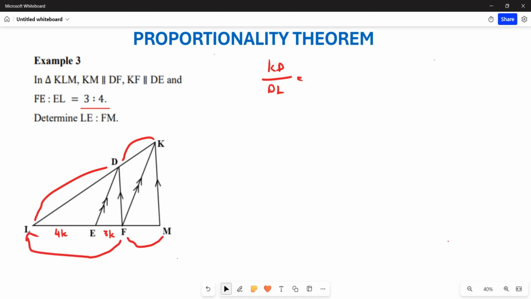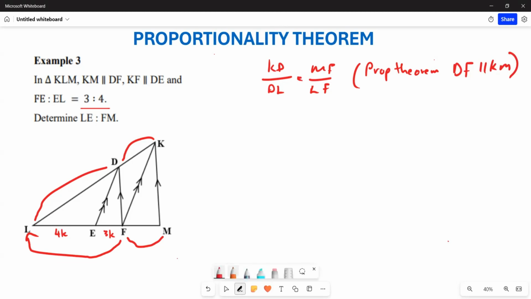Can you see that? What is the reason behind that? This is because of the proportionality theorem, which states that DF is parallel to KM. That's the reason why.